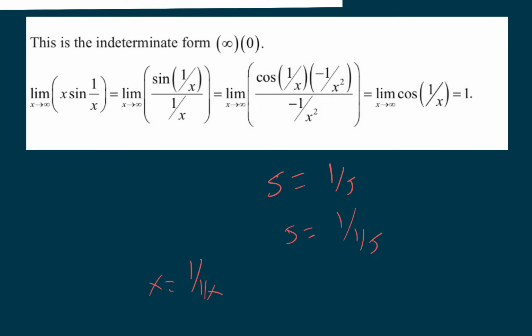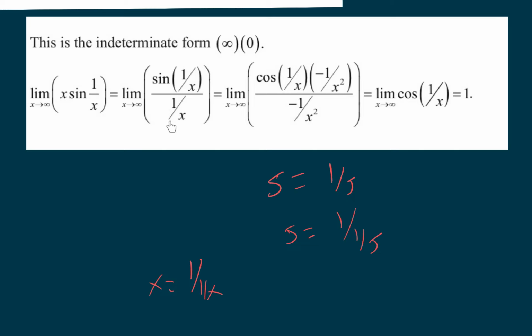And now when x goes to infinity, 1 divided by x goes to 0. Sine of something that goes to 0 goes to 0. And 1 divided by infinity goes to 0, so this is the form 0 divided by 0. So now I can apply L'Hopital's rule, which says take the limit when x goes to infinity of the derivative of the numerator divided by the derivative of the denominator. The derivative of sine of 1 divided by x is cosine of 1 divided by x multiplied by the derivative of 1 divided by x, which is minus 1 divided by x squared.